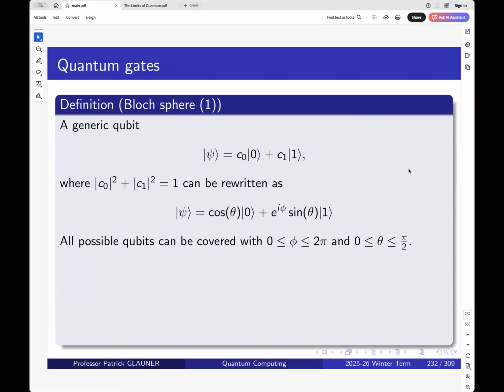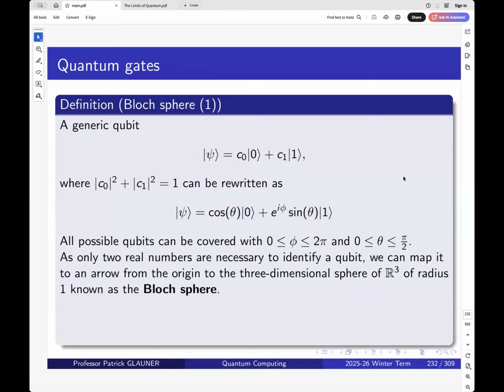There are just a few more constraints, because with this representation we can cover every possible qubit, and we assume that our phi is between 0 and 2 pi, so from 0 to 360 degrees, and our theta goes from 0 to pi half.